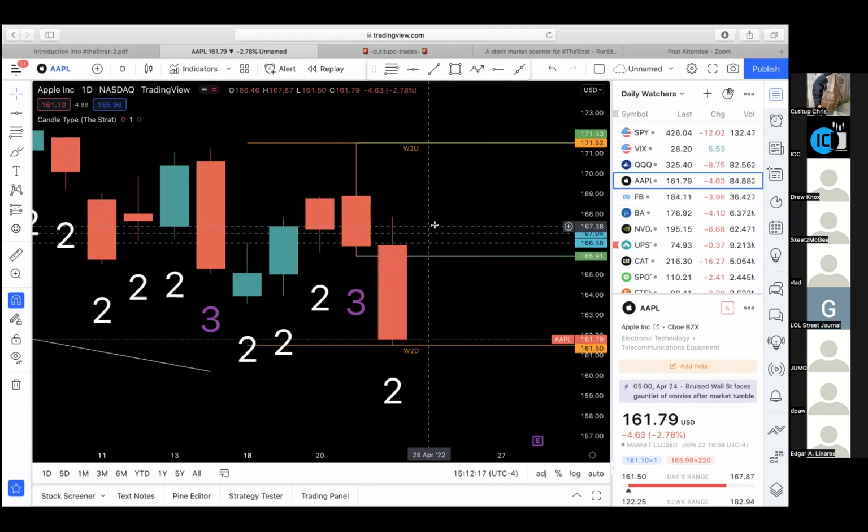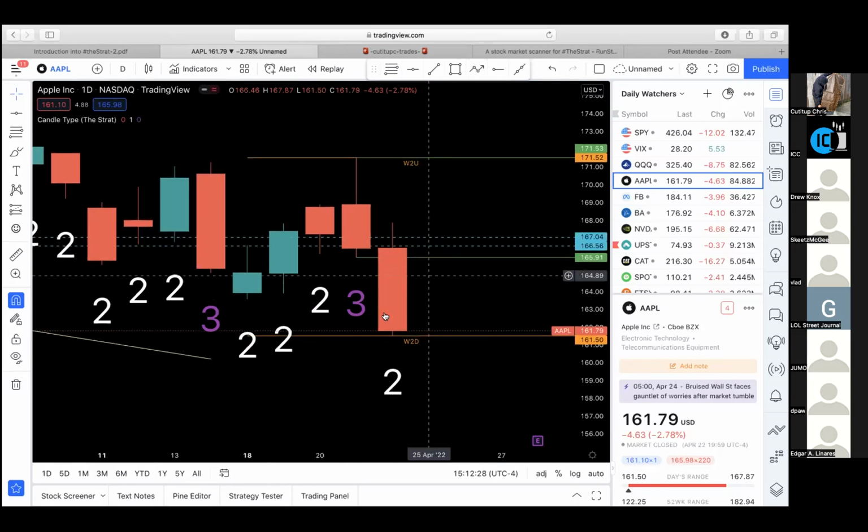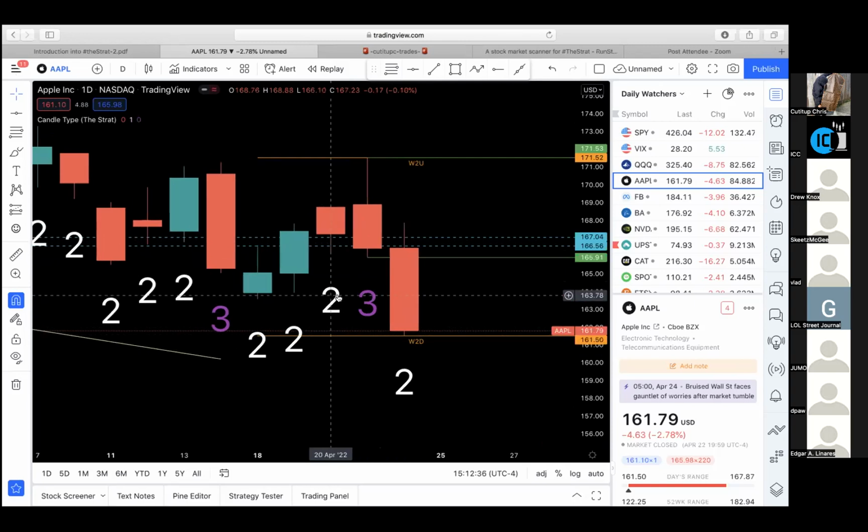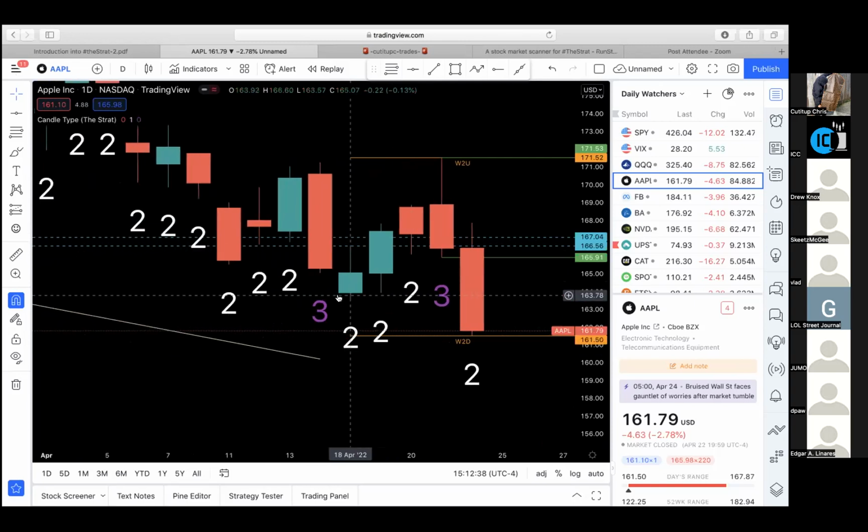It could be a bad entry, to be real, because if this is a 1, you shouldn't even be in there, right? But if it gave us a 2 down, for the most part, that should play out.